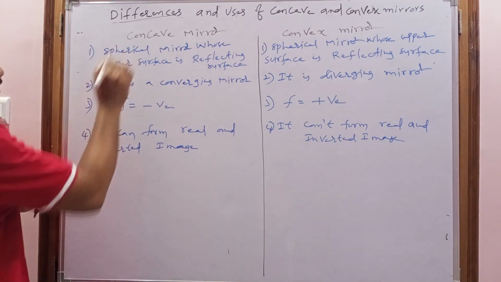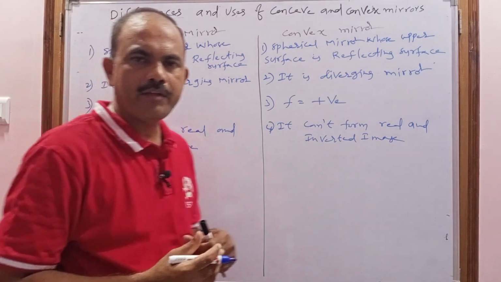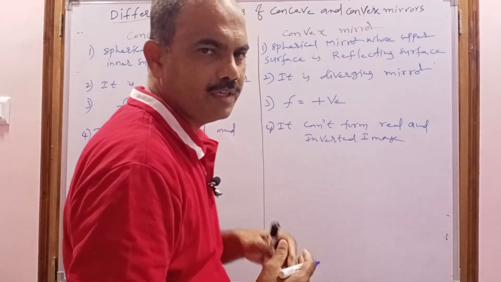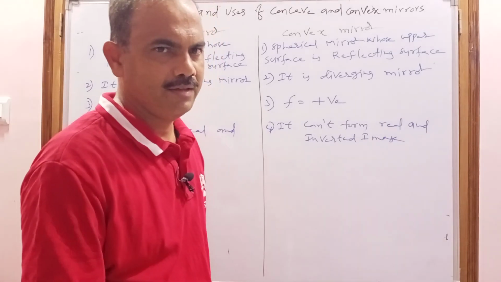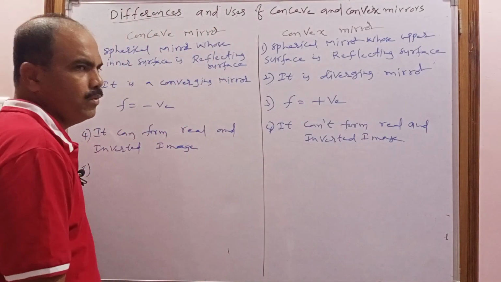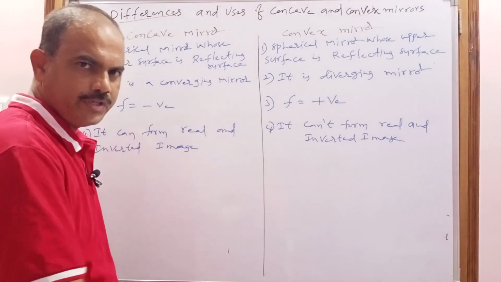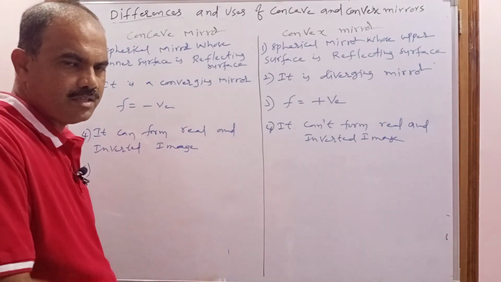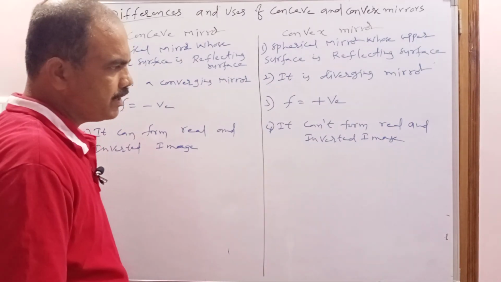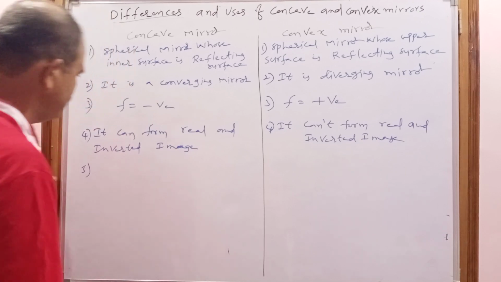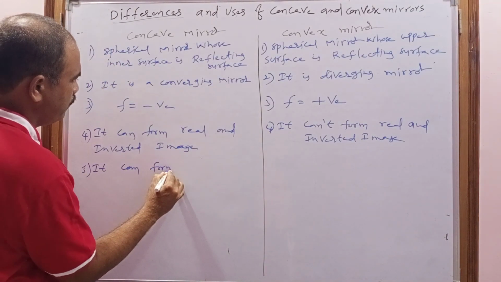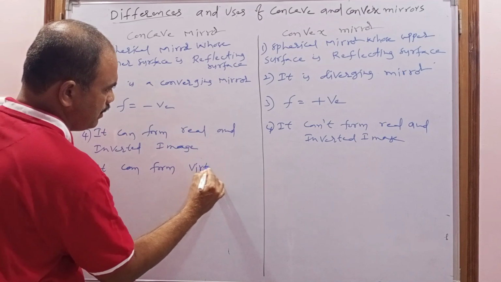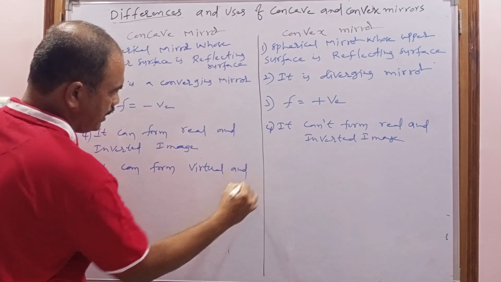Now the concave mirror can form the virtual image when the object is between pole and focus. That is very important, remember. So the concave mirror only in one situation can form the virtual image: when the object is between pole and focus, it forms a virtual and erect image.